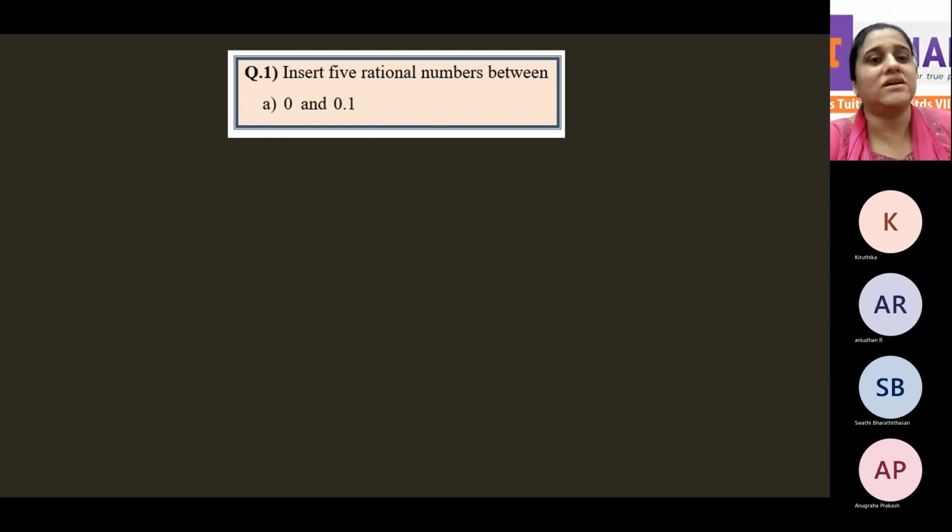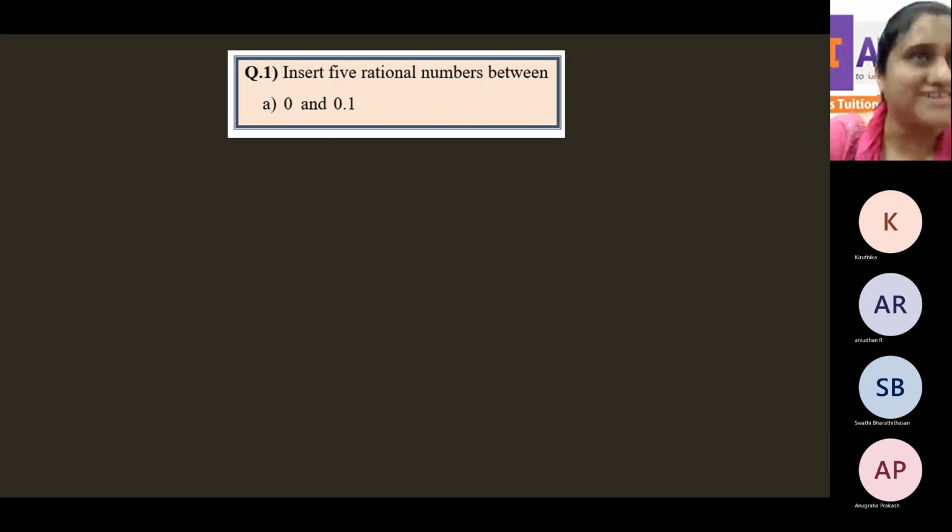Now, what is the question here? Insert 5 rationals between 0 and 0.1. Now you'll ask me, you explained all this but you're not explaining how do you know that there are many rationals between 2 rationals. Now we are going to do that. அப்ப 0 க்கும் 0.1 க்கும் நடுவுல 5 rational numbers insert பண்ண போறோம்.